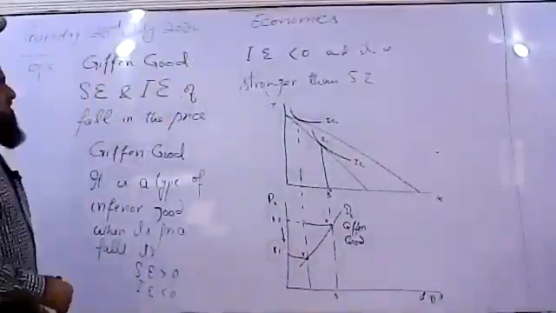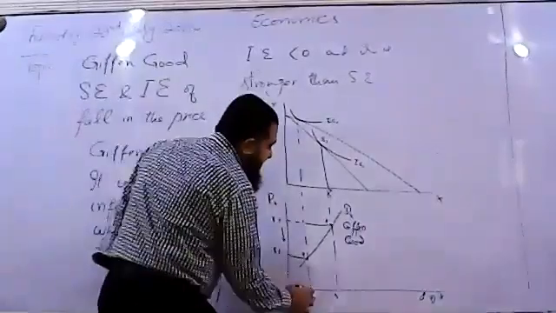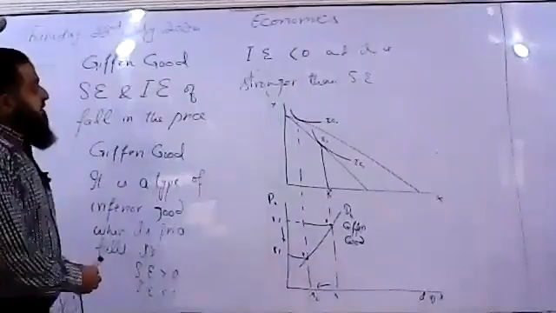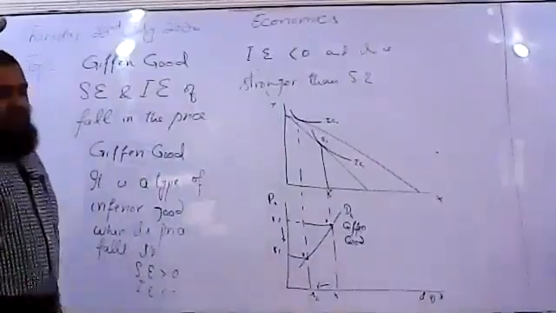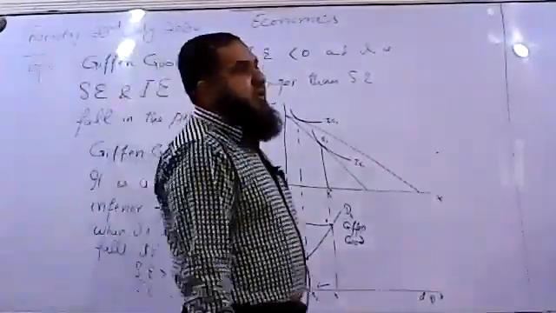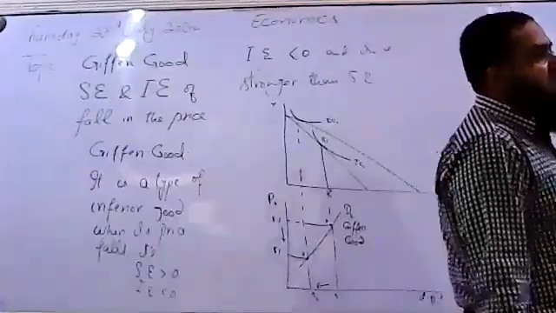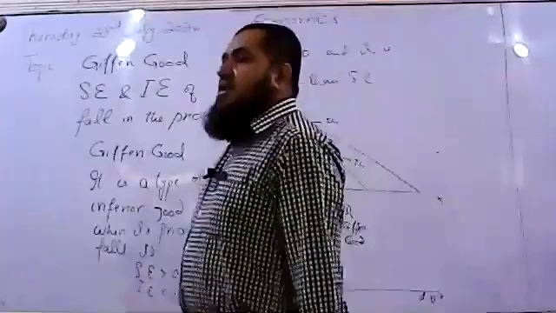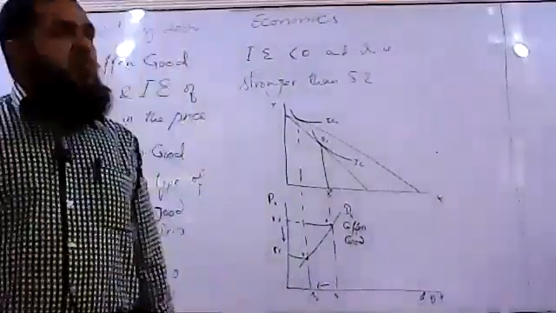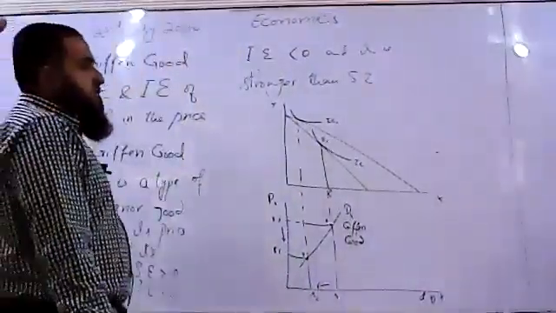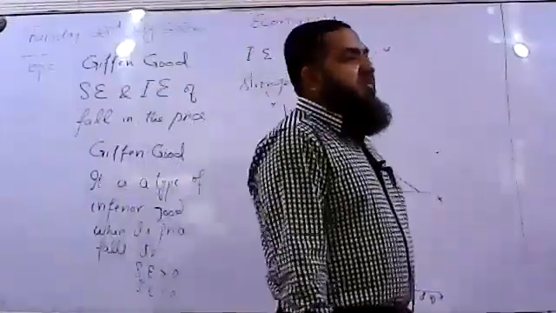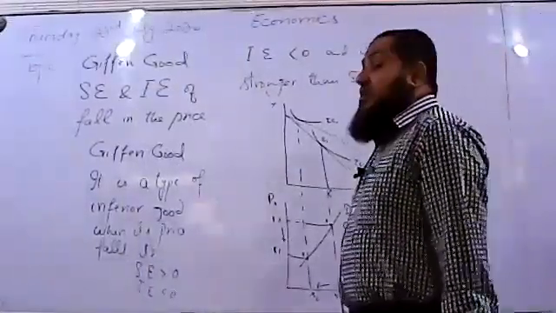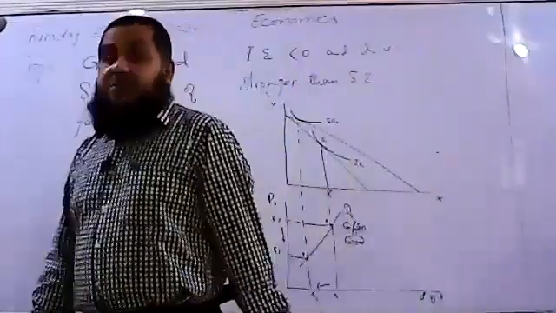When its price goes down, the consumer buys less of it, and when its price increases, then the consumer will buy more of it. You might be seeing some of the goods which are showing us the status symbol, or sometimes we say the ornaments. People are buying more of them when their prices are increasing. BMW car or Mercedes Benz, people are buying more of them as their prices are still increasing. Why? They are representing the status symbol of the people.